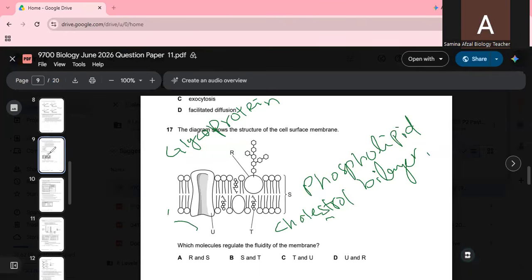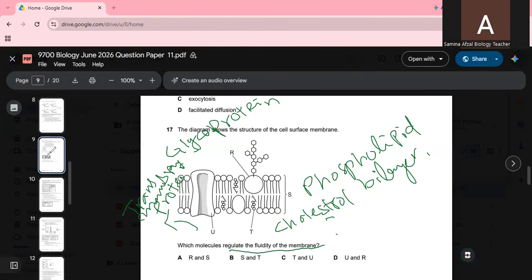This is the transmembrane protein. So we need the molecule which regulates the fluidity of the membrane.